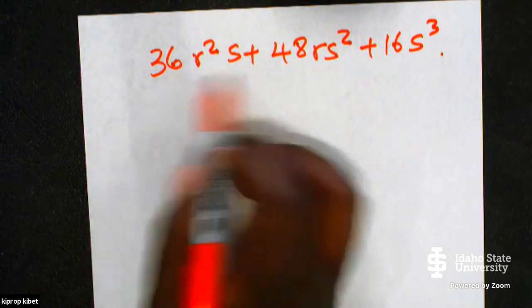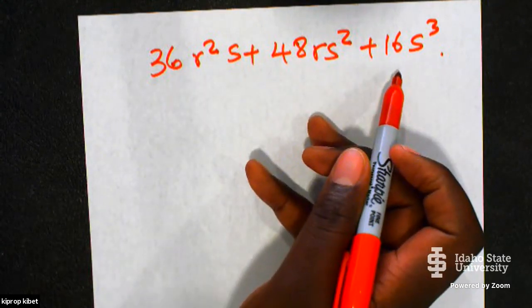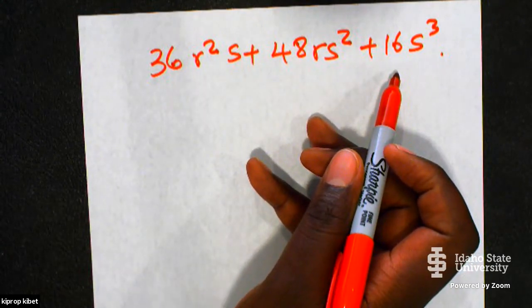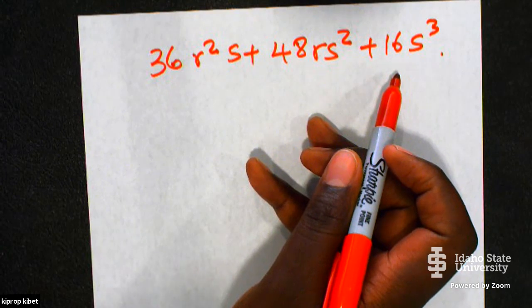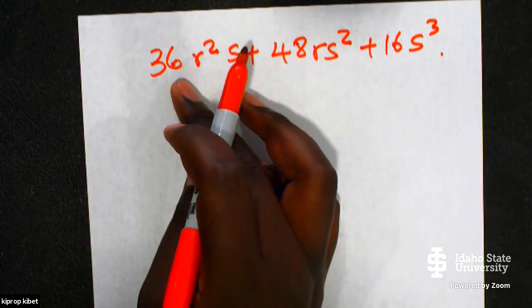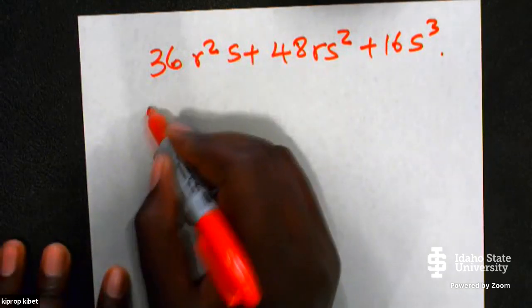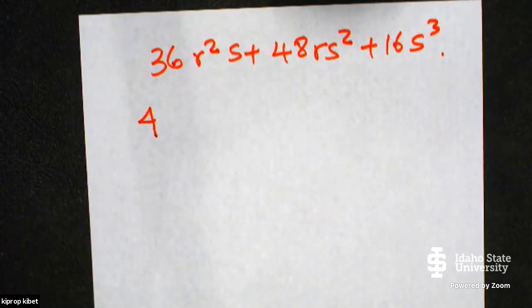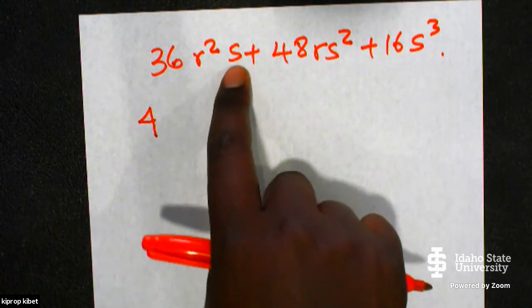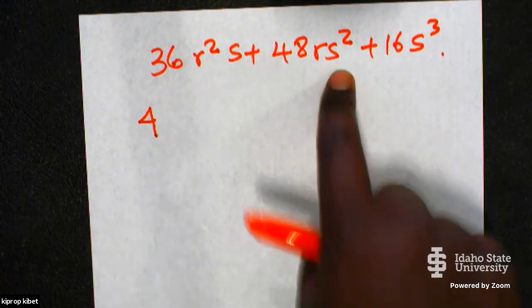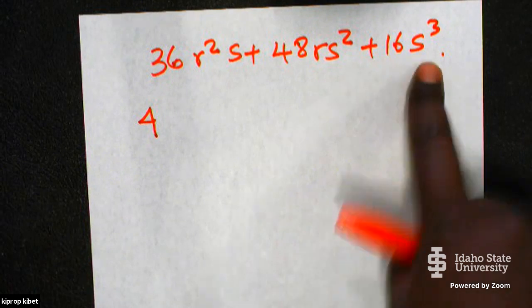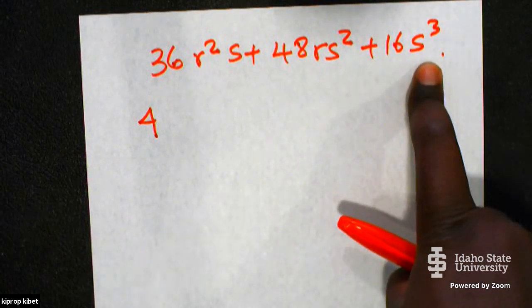So what is dividing all this? What is the greatest common factor there? Is it 4? So if you divide by 4, we have 4 outside. So we have s here, we also have s here, and then we also have s here. So the common one there is what?